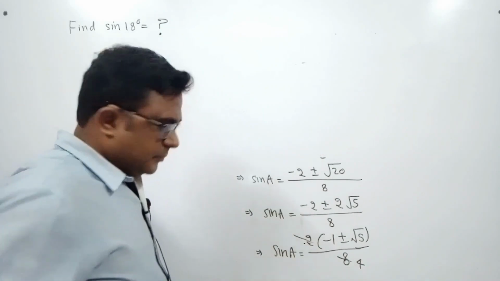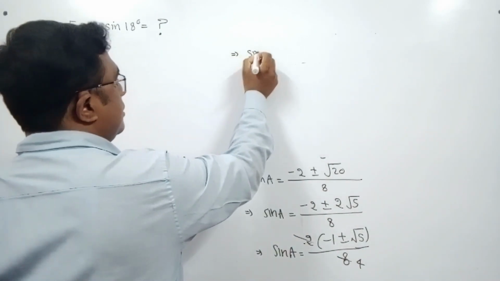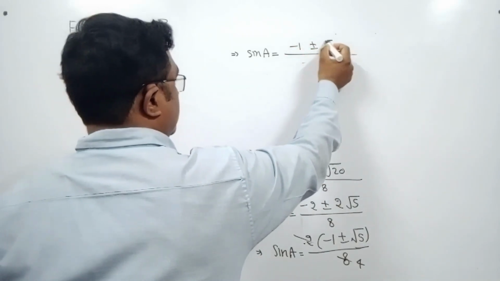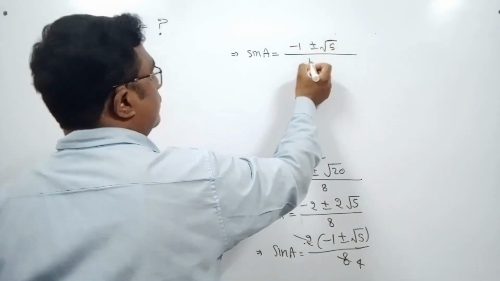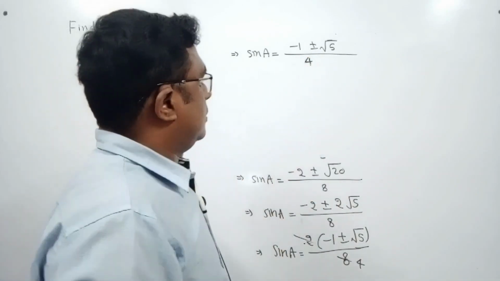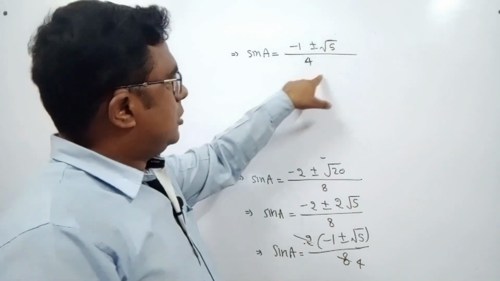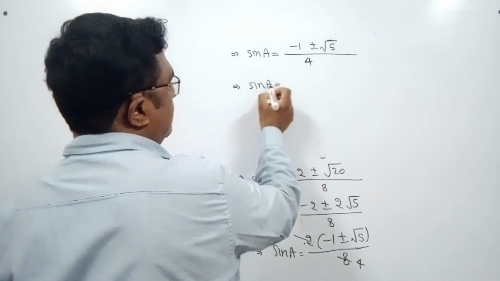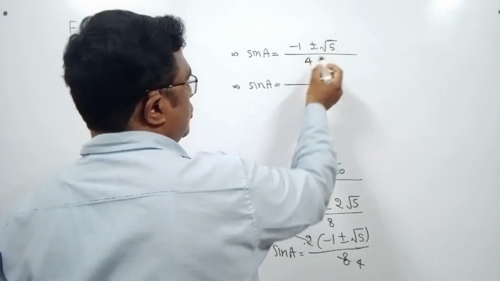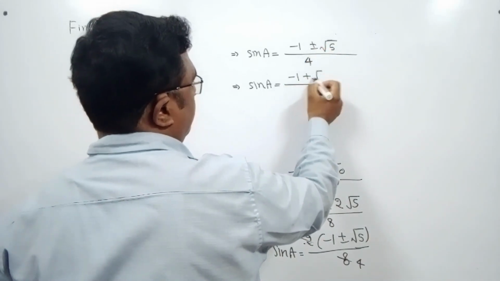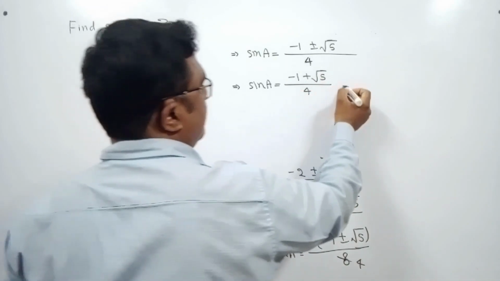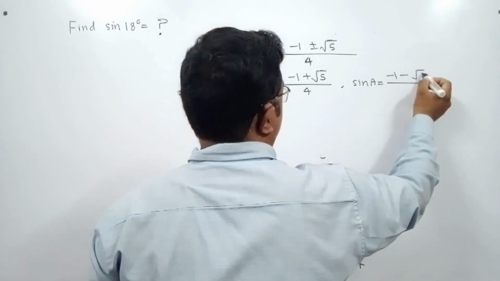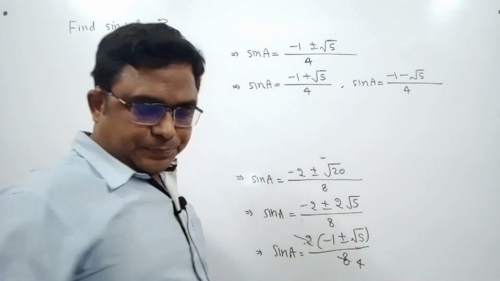Next step implies that sine A is equal to minus 1 plus minus square root 5 upon 4. These are two results, and we write them separately by taking plus sign and minus sign. If I use the plus sign, then minus 1 plus root 5 upon 4, and sine A is equal to minus 1 minus under root 5 upon 4.